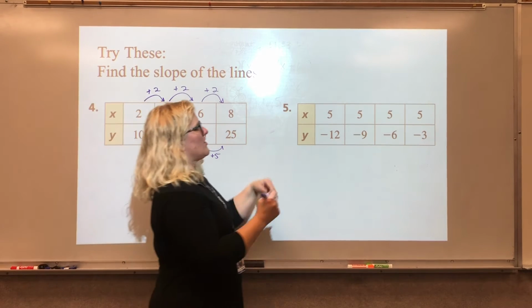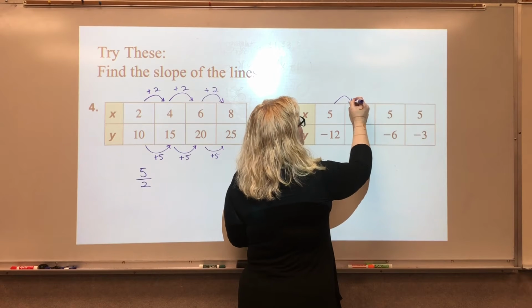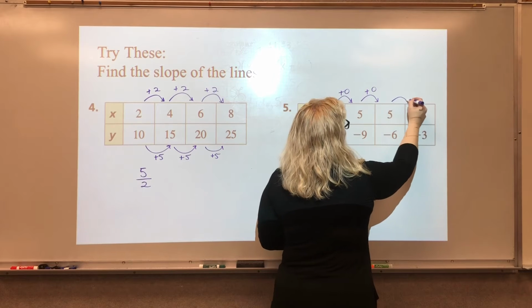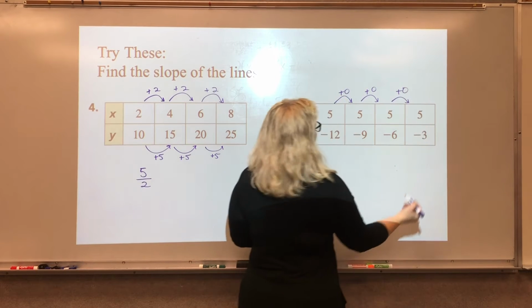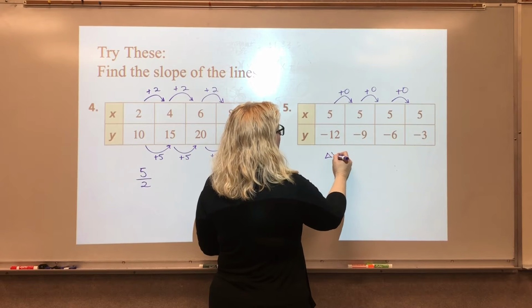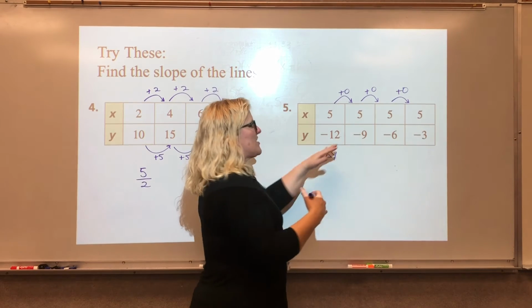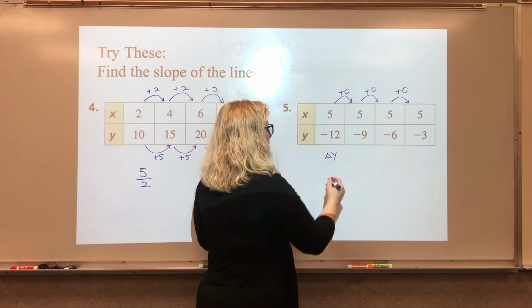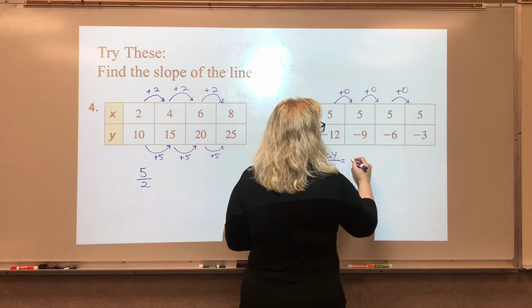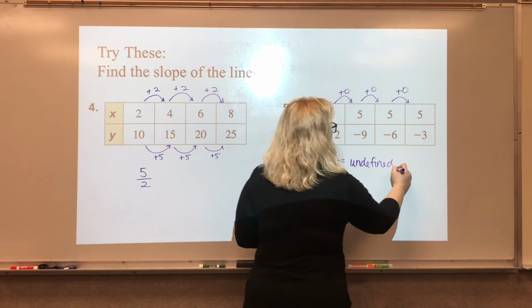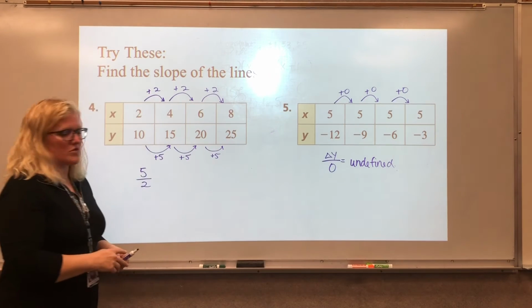Okay, over here, I see that x is changing. Well, it's not changing, right? It's just plus 0. So I have my change in y, whatever that is. I'm not doing it because it doesn't matter, because I've got the same numbers here. Over 0, this is going to be undefined. So I hope that's what you got for those 2 problems.